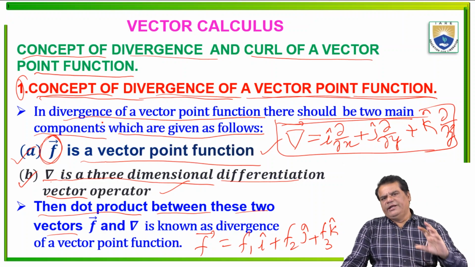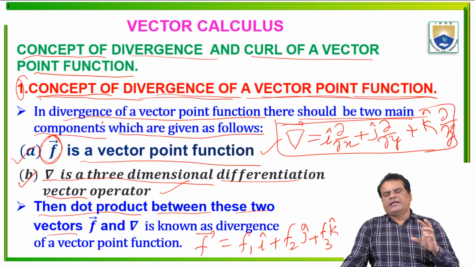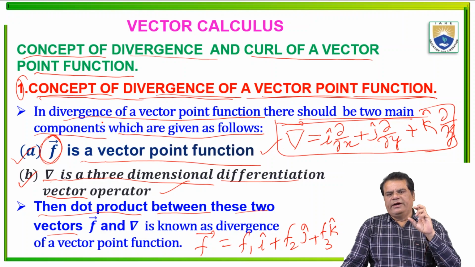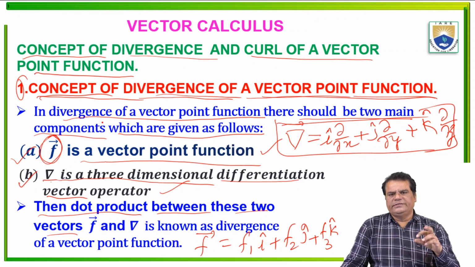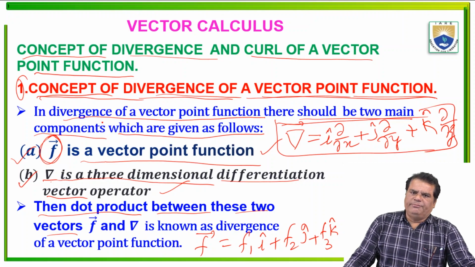So when we define a divergence of a vector point function, we find two components. The first component is the vector point function. There should be a vector given that represents the position of a point in three-dimensional geometry.